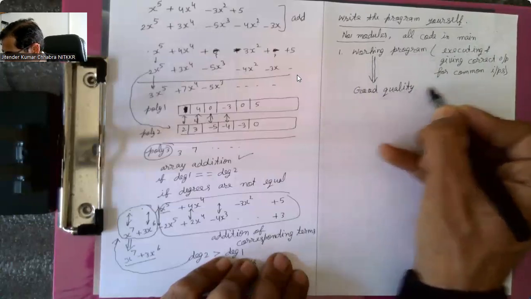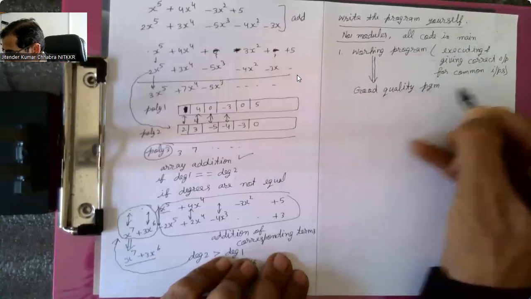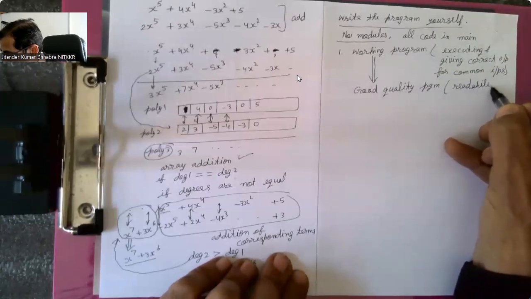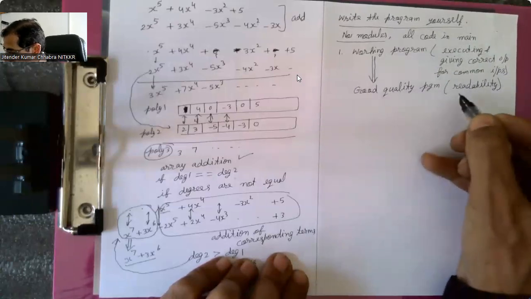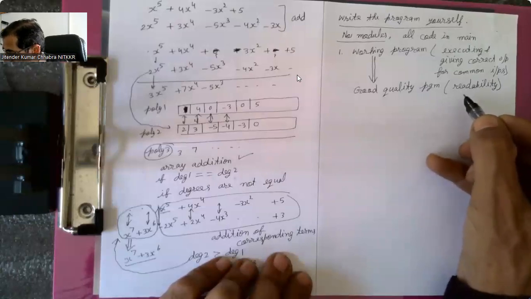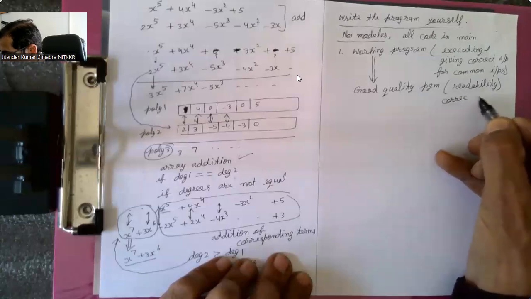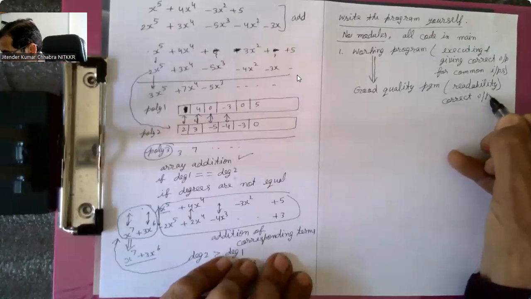A good quality program will definitely mean that it should be a better program in terms of readability. Of course, indentation will always be ensured. Along with the readability, it should also take care of giving correct output for all valid inputs at least.